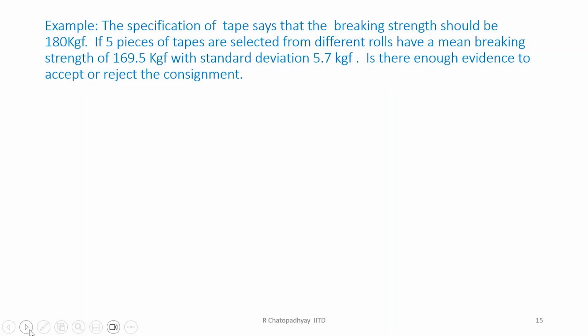If 5 pieces of tapes are selected from different rolls, and have a mean breaking strength of 169.5 kg force with standard deviation 5.7, is there enough evidence to accept or reject the consignment? So the specification says that it should be at least 180 kg force. That should be the strength.